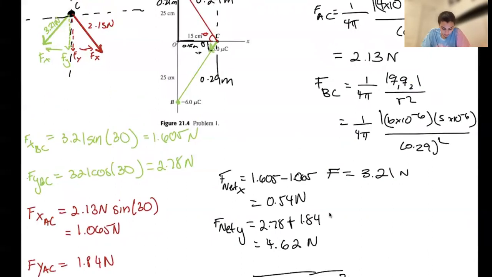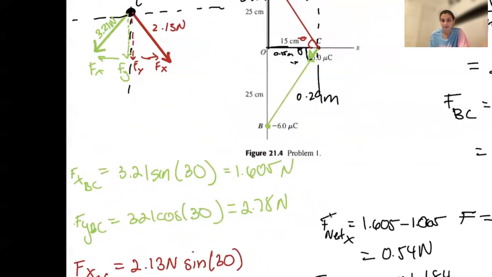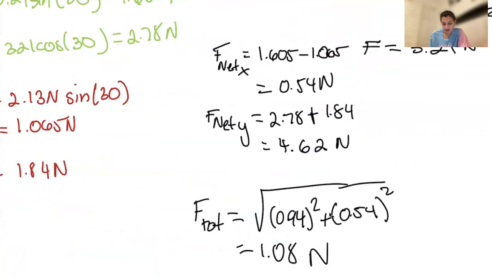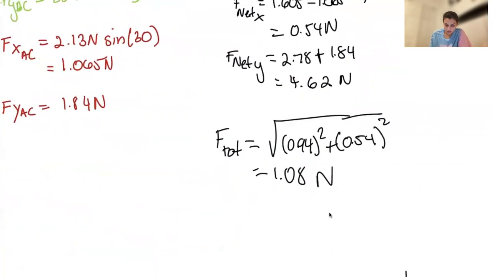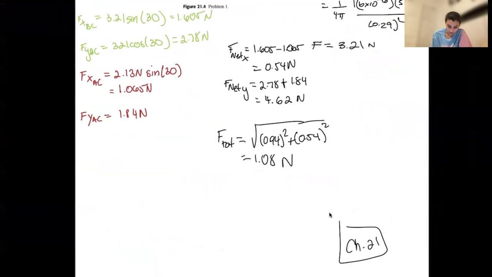Because they both have a y component, and both are in the downward direction. You can see right here how they both have it in the y, so this is just going to add. The x components we subtracted because they went in opposite directions. So you add those and you get 4.62, and then you're supposed to find the resultant force.